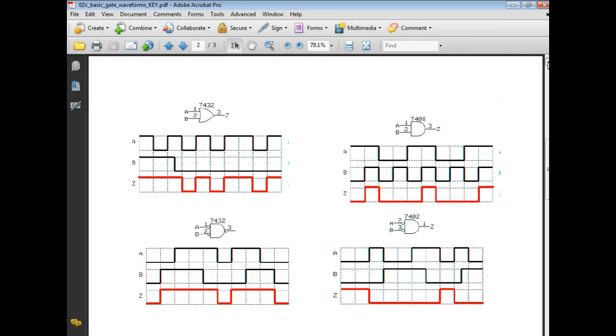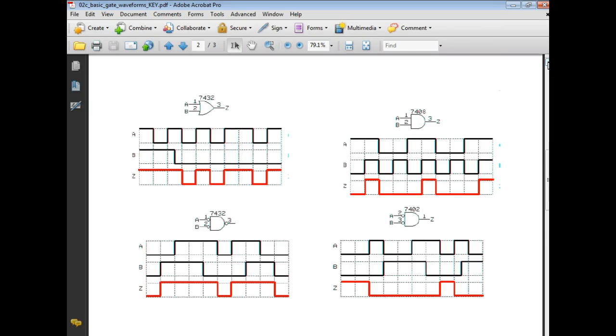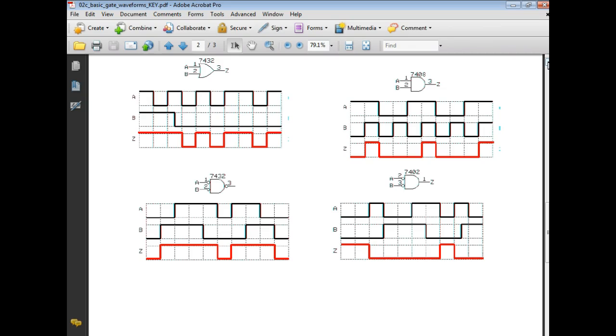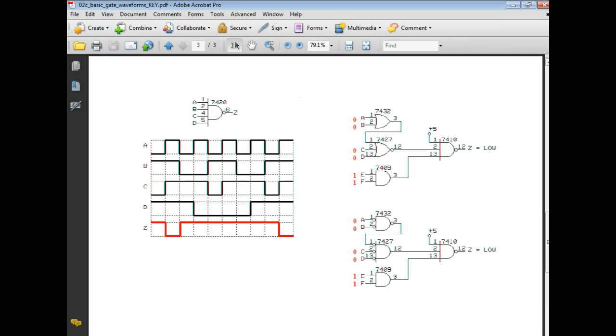Okay, we ready? Okay, so here's the last one, along with the circuit y'all was supposed to do, but most of y'all didn't do that.